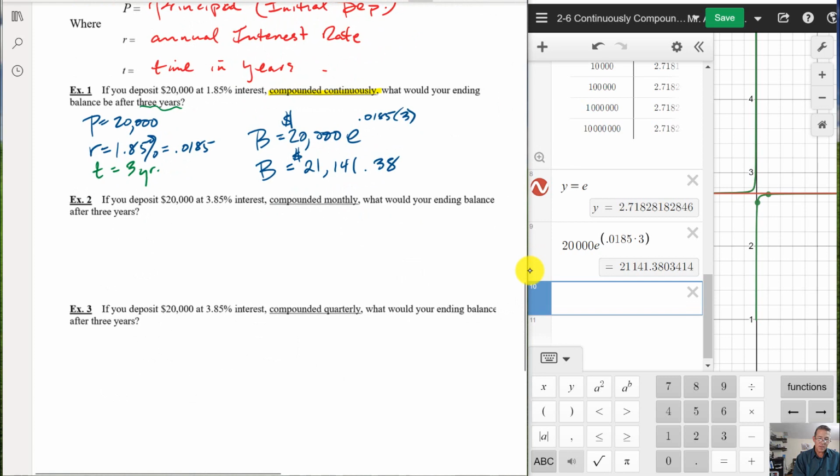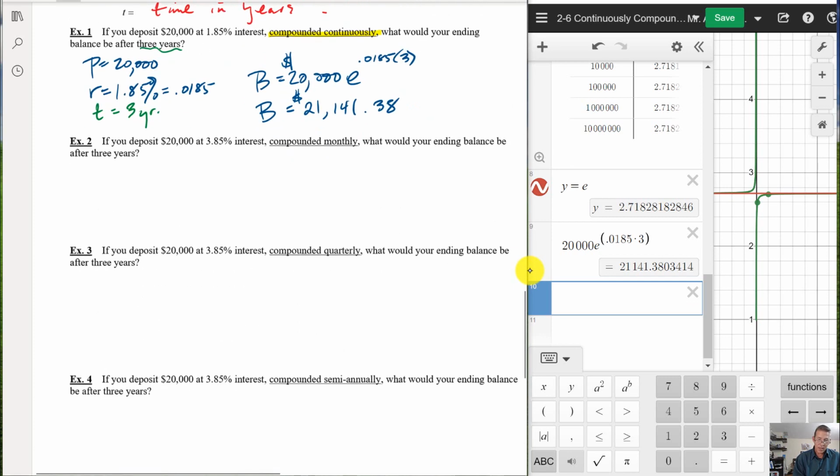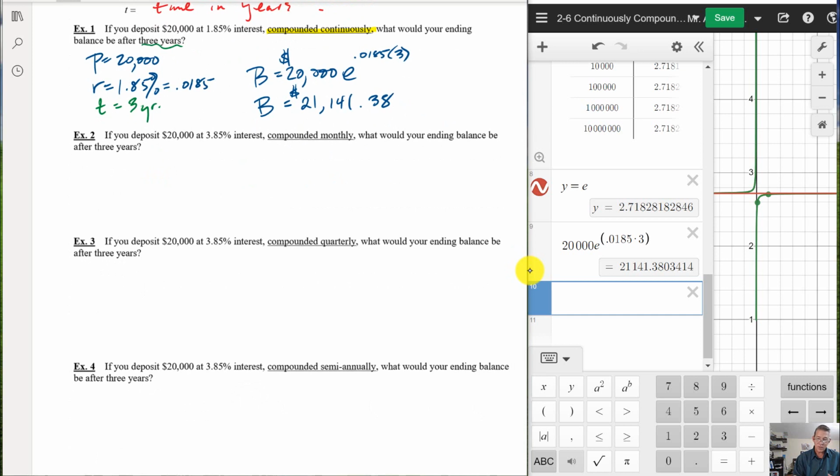Now, how does that compare to compounding monthly, and how does it compare to quarterly and annually? So let's do the same calculation, same principal, same interest rate, but let's compare it to what it's like compounding monthly. Now remember, the compound interest formula that we used previously looks like this. And so we know everything that we need to know.